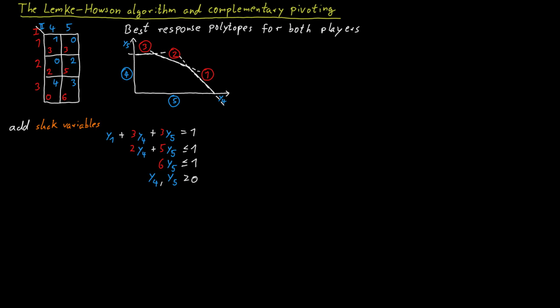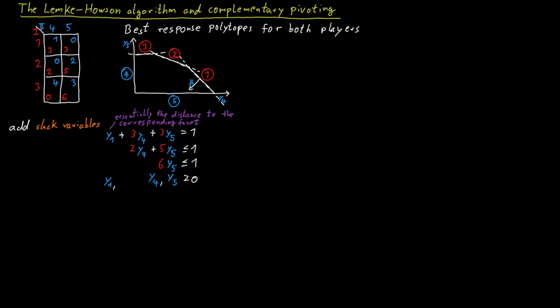And this variable, the slack variable y1, has an interpretation. The interpretation is that the variable essentially expresses the distance to the corresponding facet in this polytope. The first inequality defined this line that divides the space, and y1 is simply proportional to the distance to that dividing line.